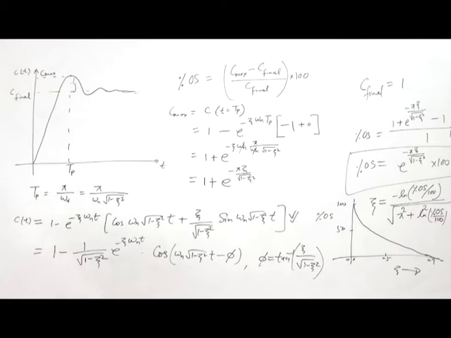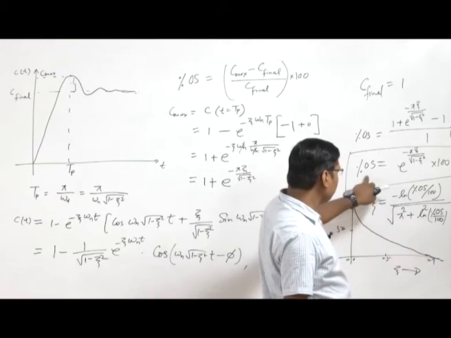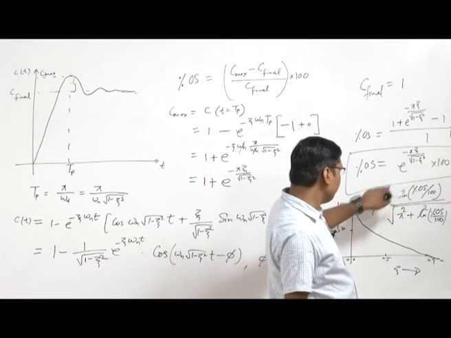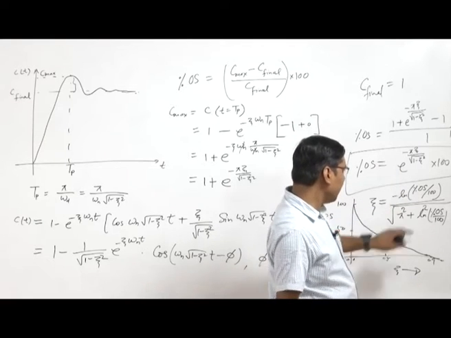So we can also express damping in terms of percent overshoot. We take the natural log and solve this to find the damping, and we will get this value.